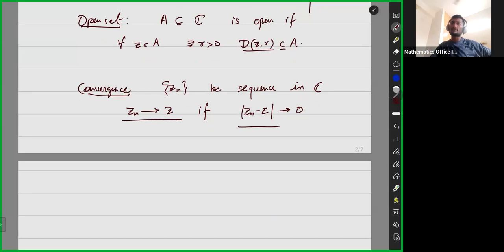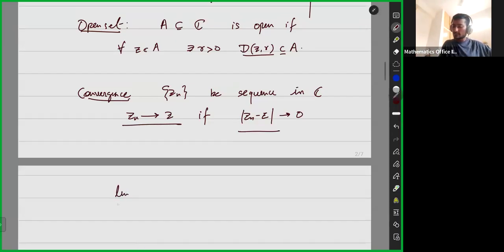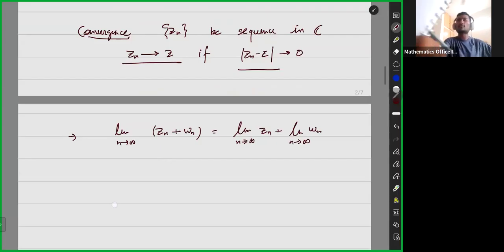So this way convergence was defined, and the limit commutes with addition, multiplication, and conjugation. For example, the limit as n tends to infinity of z_n plus w_n is equal to the limit of z_n plus the limit of w_n. So these are some properties. And now connectedness and compactness, these two are important things. Why am I mentioning all this?